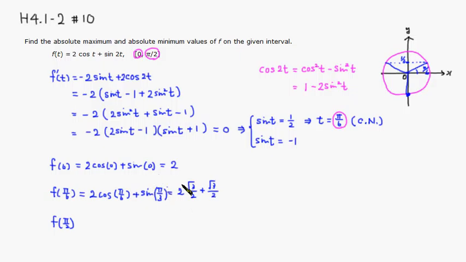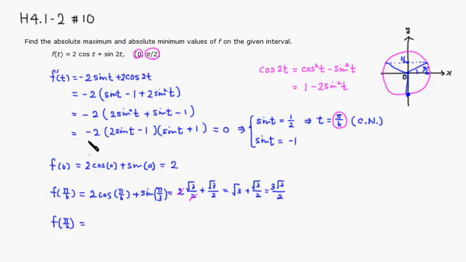So the 2's cancel out, and this is going to be square root of 3 plus square root of 3 over 2, or 3 square root of 3 over 2.